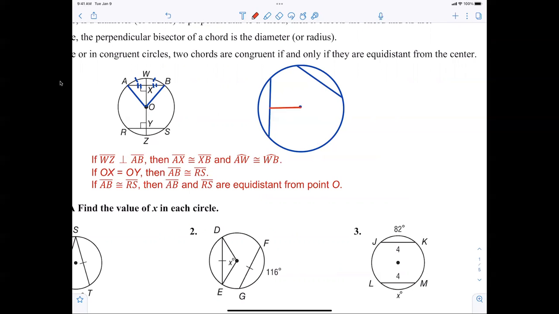And the shortest distance would be if you traveled what? Perpendicular. So the same thing over here. If you say that this is equal to this, then obviously what? Yeah, the chords are equal. So to me, like I said, it looks true.